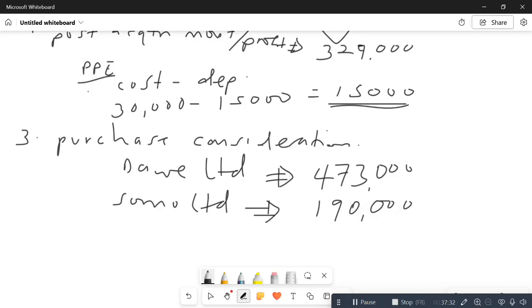Purchase consideration finished. Sometimes you need to calculate. They can give you several items of purchase consideration: cash, exchange, which you add together. But here, for Dawe and for Somo, that was the amount paid to acquire shares in Dawe Limited and shares in Somo Limited.